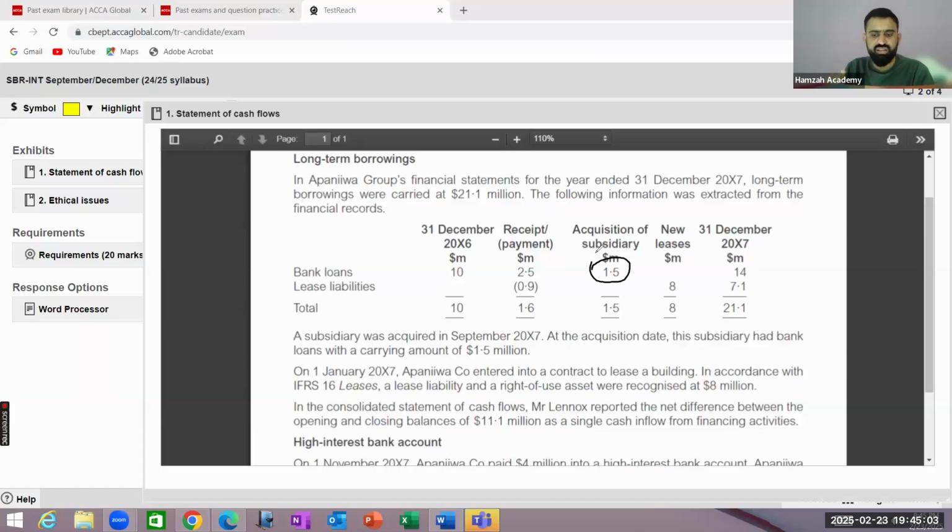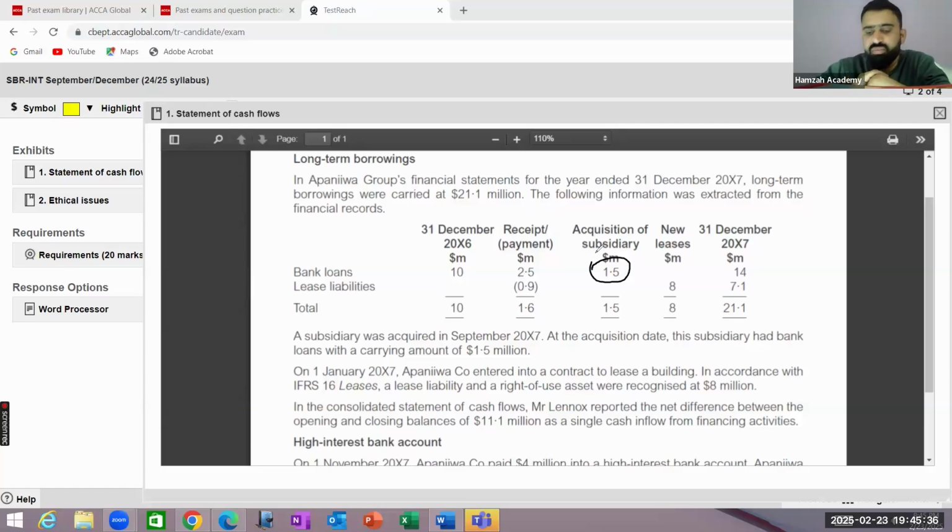So in simple words, you have an 11.5 million liability as an opening balance, and 2.5 million is a receipt. There is no new lease relating to the bank loan, and the closing balance is 14 million.